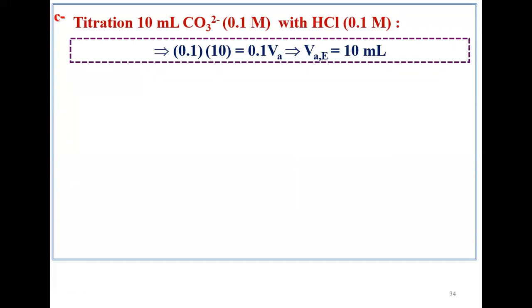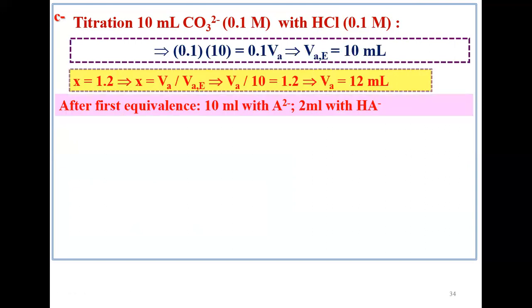Get the volume at equivalence, and you get that it is equal to 10 mL. So the volume of the acid is 10 mL, the volume of the base is 10 mL, and the acid at equivalence is also 10 milliliters.